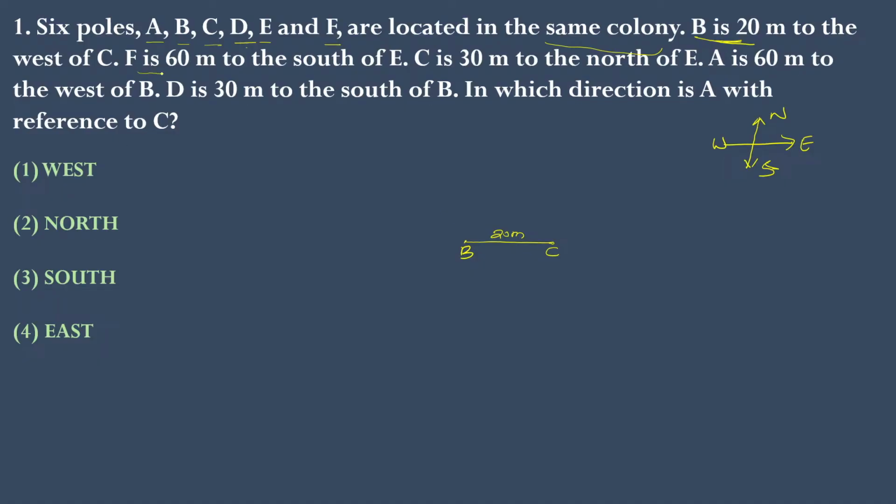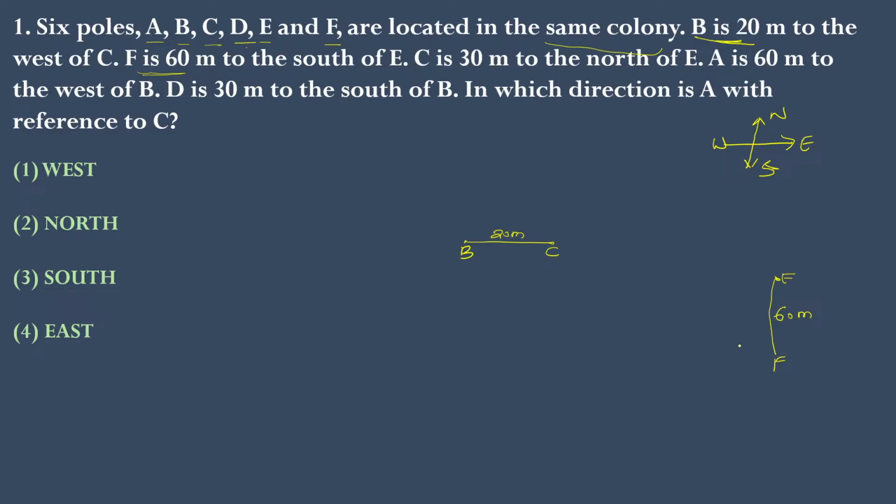F is 60 meters to the south of E. I am writing separately. F is 60 meters to the south of E, means E is 60 meters to the north of F. Like this, 60 meters. Here E is there.